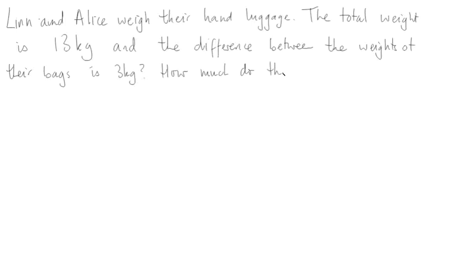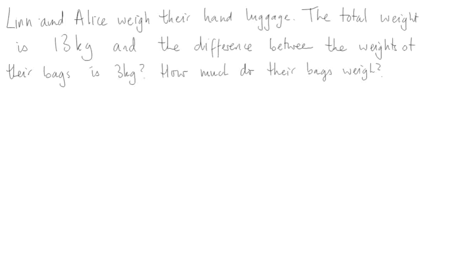How much do their bags weigh? Now this probably isn't a very good example, because you could just weigh the bags individually, but we'll forget about that now. We'll work with this problem.